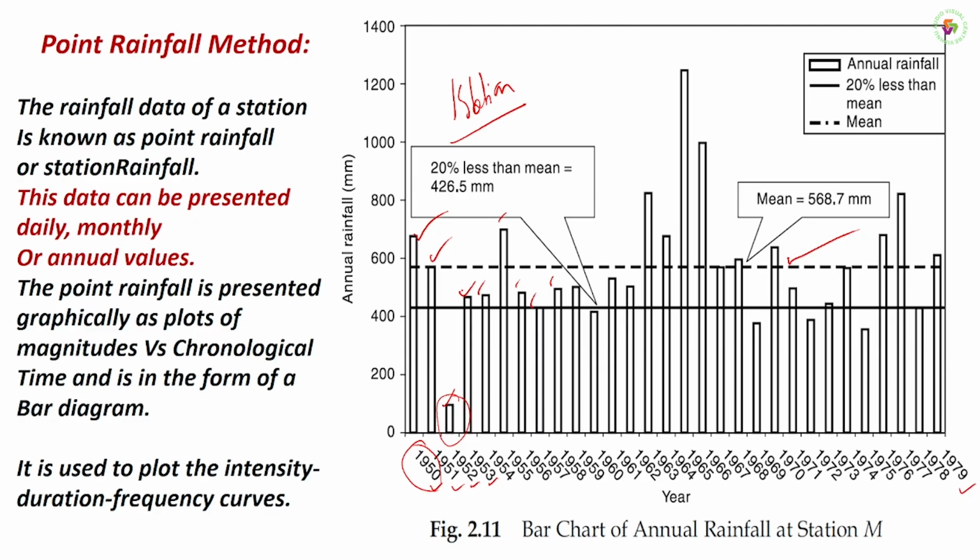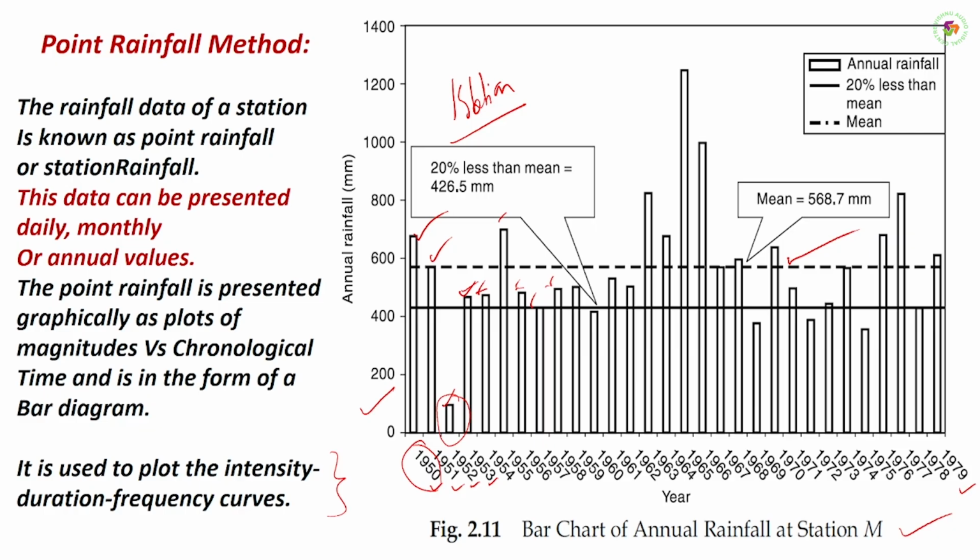There are many years in which it is less than average rainfall. That is the first thing I conclude. The second thing is how much less: is it 10% less than the mean rainfall, 20% less, 30% less? That also I can do from this. This is used for intensity-duration-frequency curves. So this is one more way of representing the rainfall.